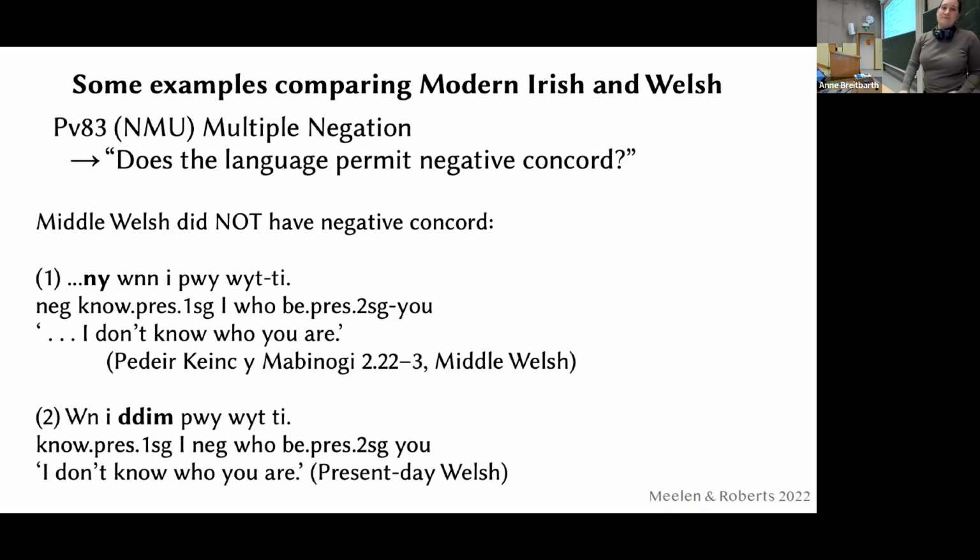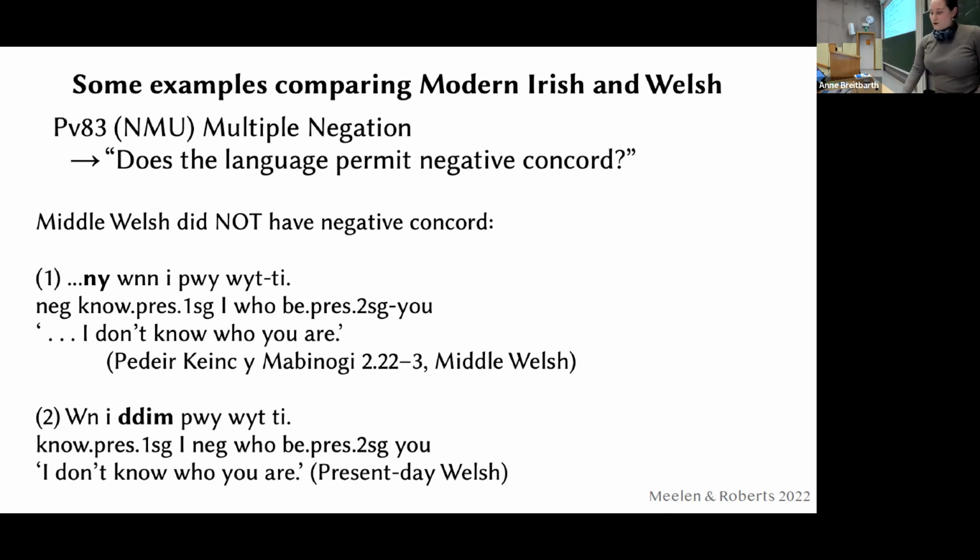Well, Middle Welsh, if we go one step further, for which we do have data, did actually not have negative concord. So here we have Middle Welsh, nioni, so I don't know who you are. And then you have present day Welsh, uni ddim, where you see that it's sort of gone through the entire cycle.